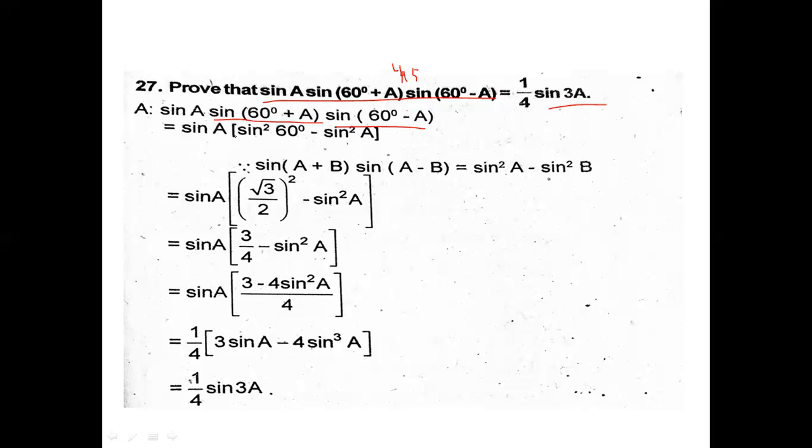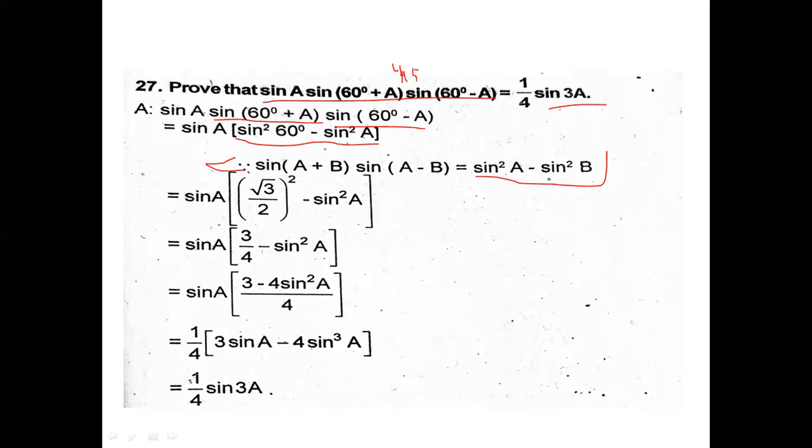The formula is sin square A minus sin square B. So sin square 60 minus sin square a. We have used this formula.